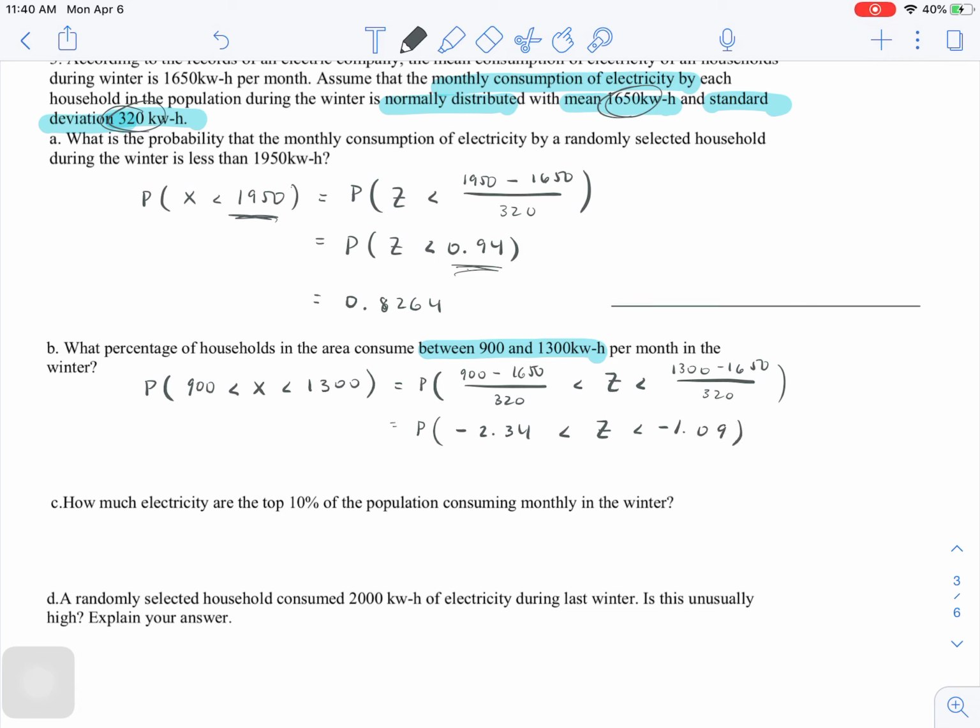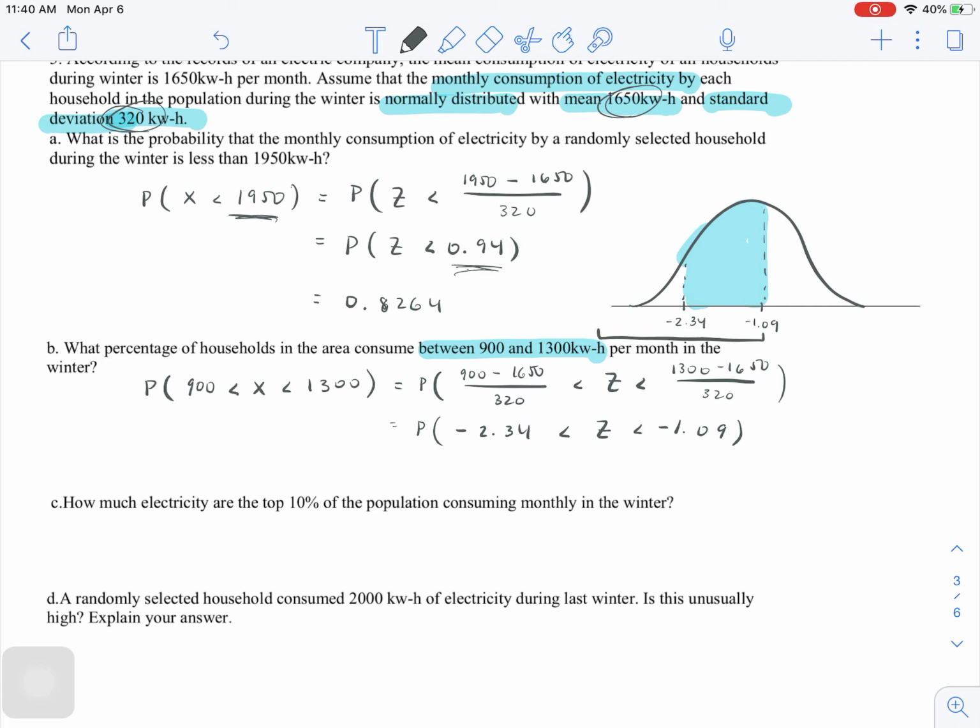Remember, to find the probability that z is between two values, I'm going to draw it here. Using my z-table, if I look up negative 1.09, it'll give me the area all the way to the left.